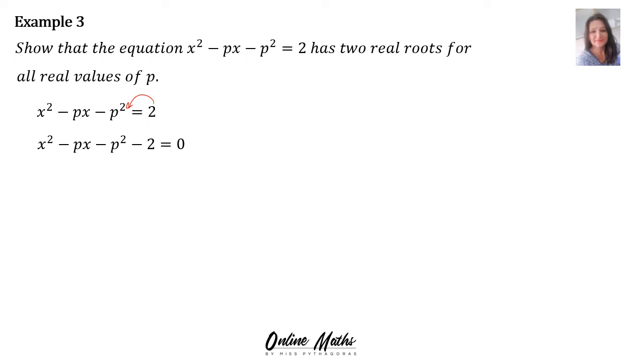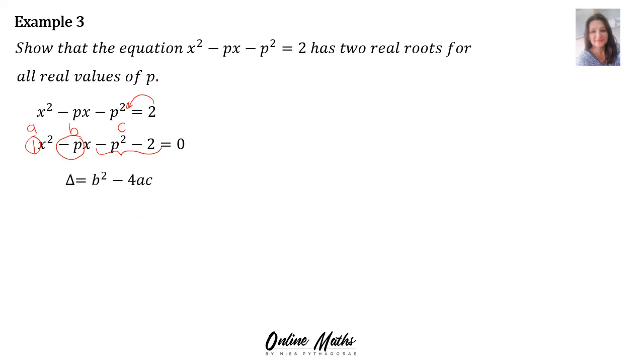Then we are going to work out the discriminant, but I first need to assign values. A is 1, B is negative b, and C is everything without an x, so C's value is negative b squared minus 2.